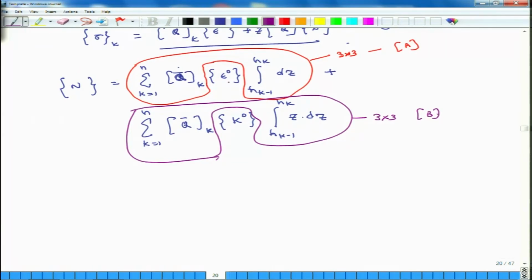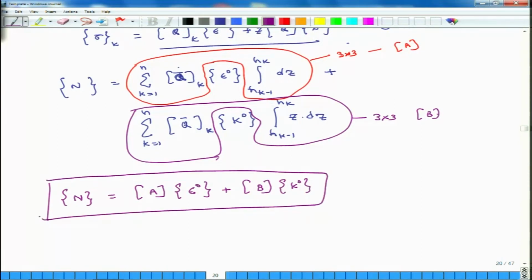So, the A matrix is multiplied by a vector having 3 elements, the strain vector, and the B matrix is multiplied by the curvature vector. So, I can write this entire relation as N is equal to A matrix times strain vector plus B matrix times curvature vector. So, this is an important relation, and it links mid-plane strains and mid-plane curvatures to force resultants.